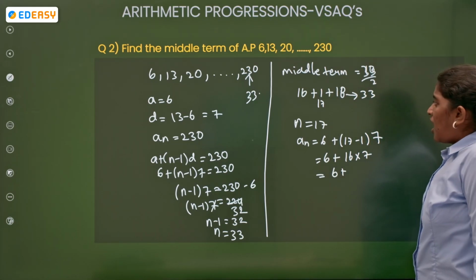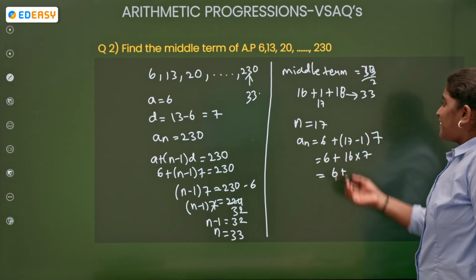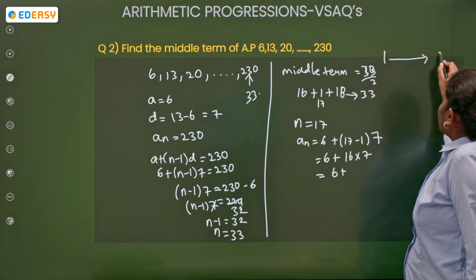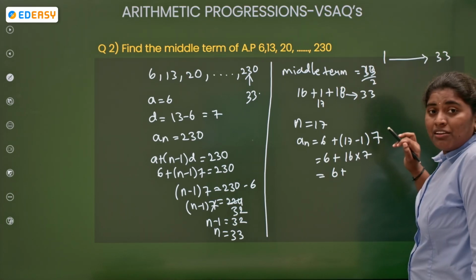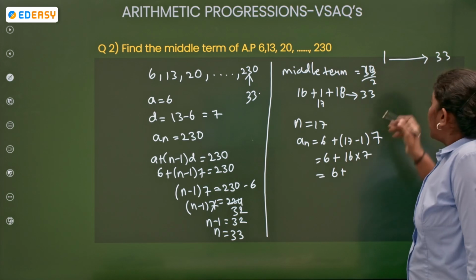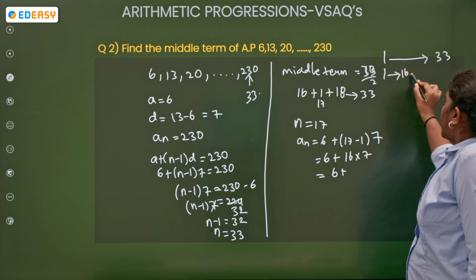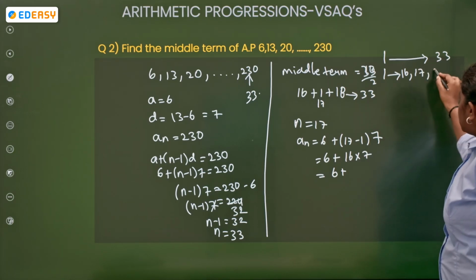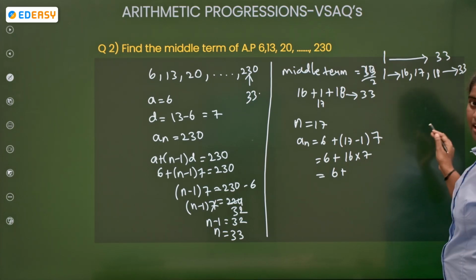so how can we know that n equals 17? See, that's what I am saying. Suppose I have the numbers 1 to 33. Now how can we find the middle value? That means 1 to 16 will be one half, and 17 will be the next number, and then 18 to 33 will be the other half, right?